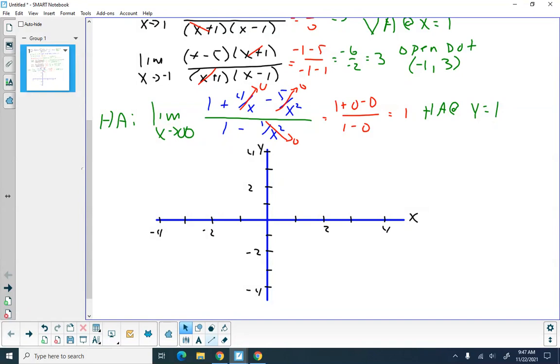So getting our graph down, we have a horizontal asymptote at y equals 1. We have a vertical asymptote at x equals 1. We have an open dot at x equals -1, y equals 3.